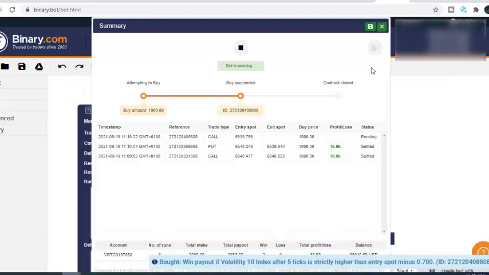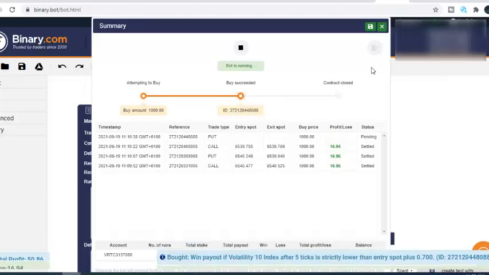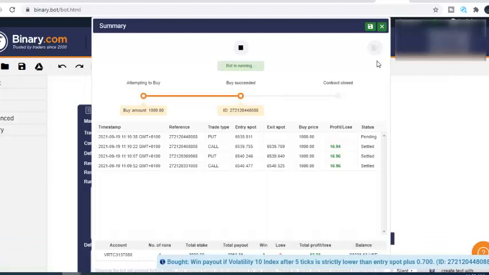I think there's a new version of this robot, so after this session I'll go and trade the new version. This is an older version. With the new version, you might not need more than three trades to hit your 10% profit on spot. So this is for the purpose of exhibition, just to show you a clear example of a trading robot.